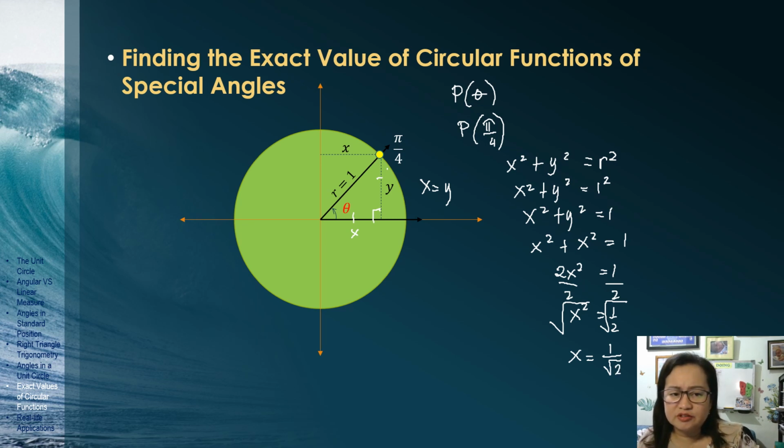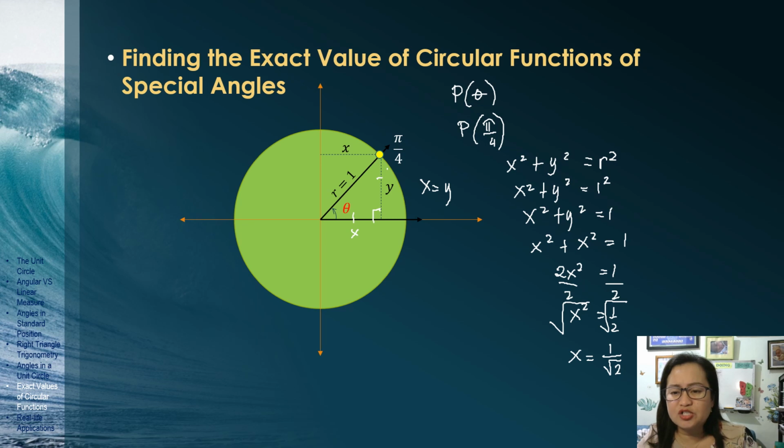Now, take note that 1 over square root of 2 is not in the simplest form, because we say that an answer in the simplest form should not have a radical in the denominator.